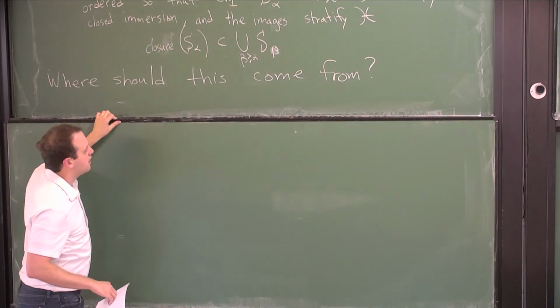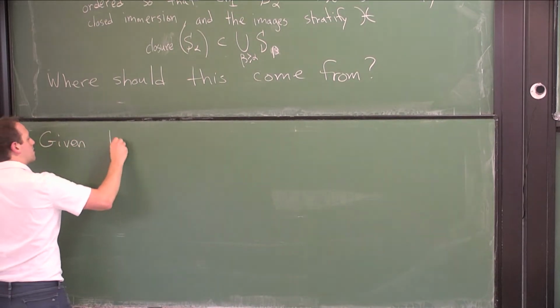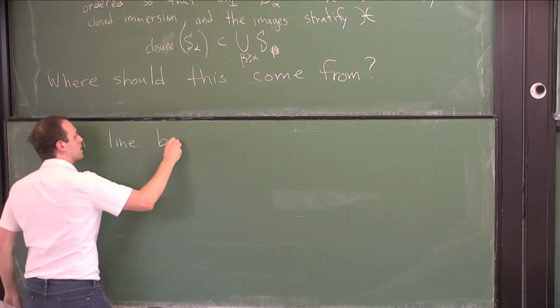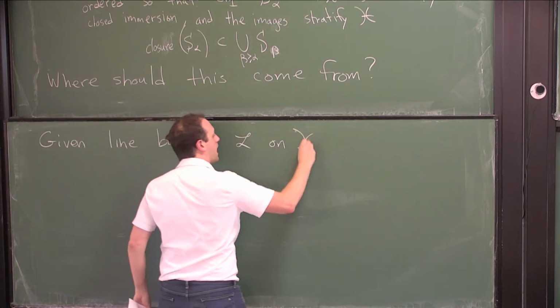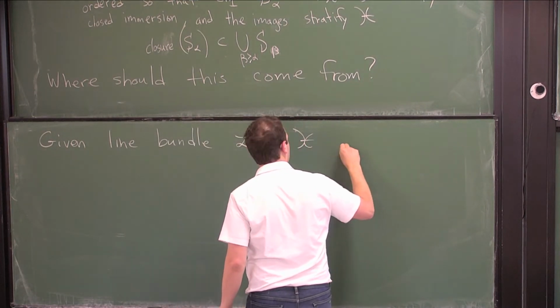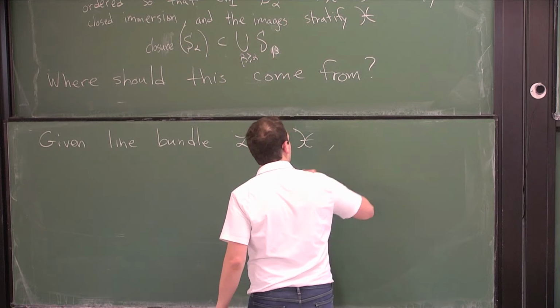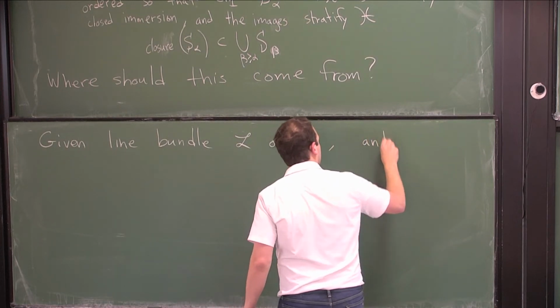So basically, given a line bundle L on X, and a norm on filtrations, you can define this function.